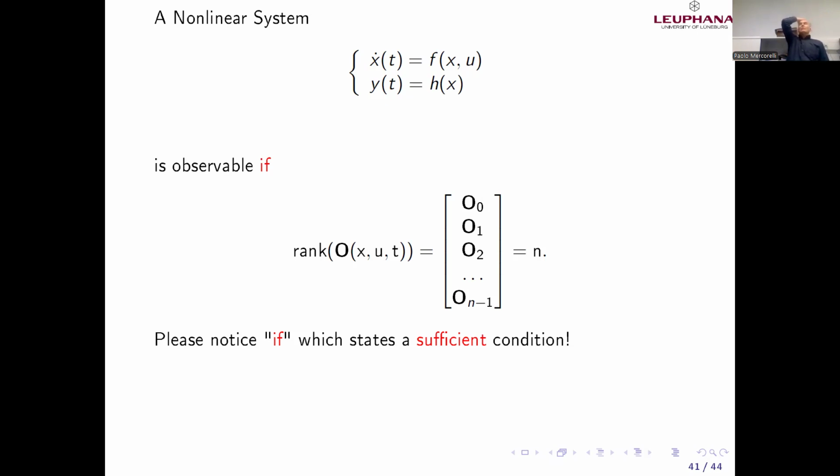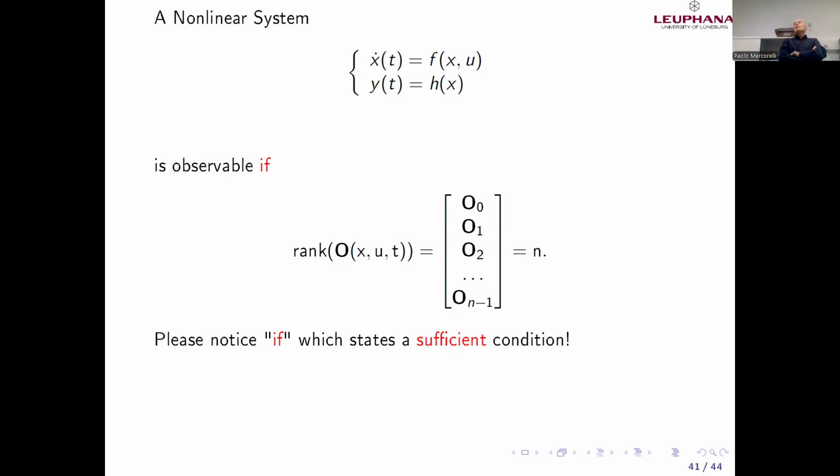Look now together at O0, O1, O2 until On, this structure here. But before going ahead, look that the theorem is just an if condition. This means just a sufficient condition. We lose the necessity in the nonlinear case. This is typical when we pass from linear to nonlinear.